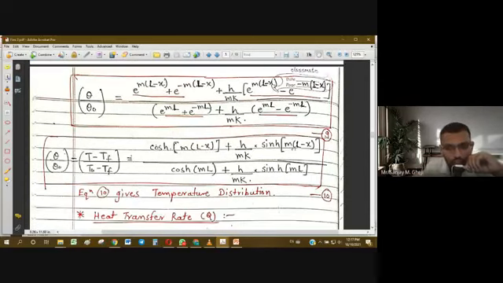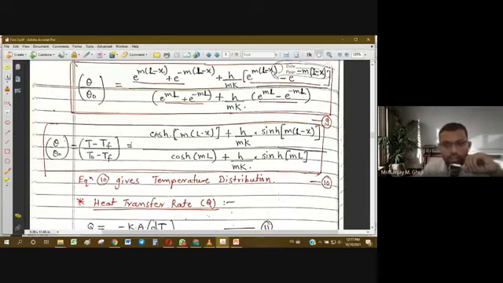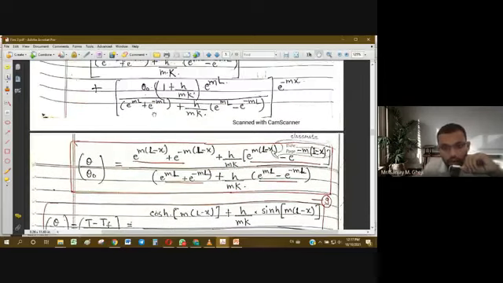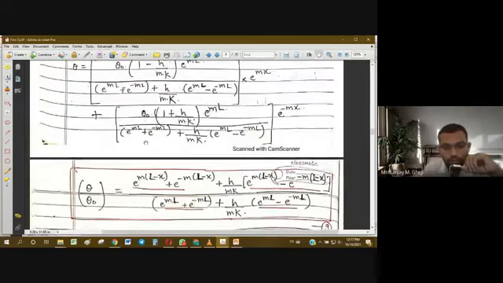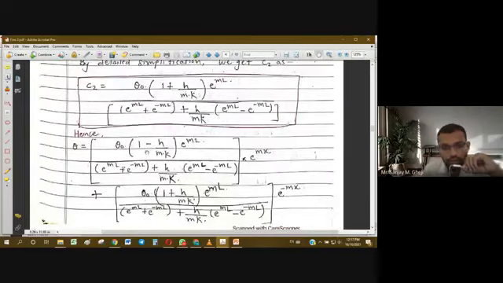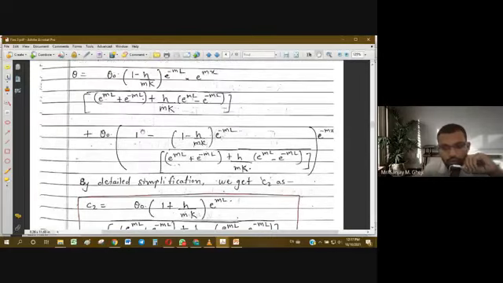So this becomes quite easy to read, represent, and use whenever such cases are involved: cos hyperbolic function, sine hyperbolic function. To understand how it is brought to this level, you have to do all this exercise on your own.